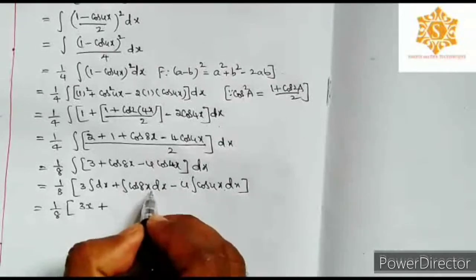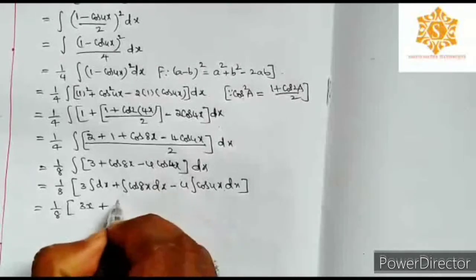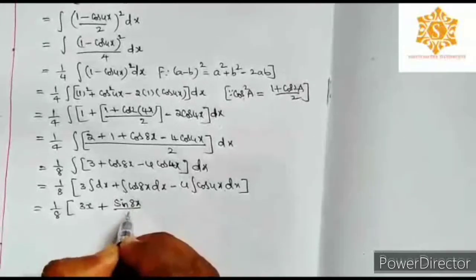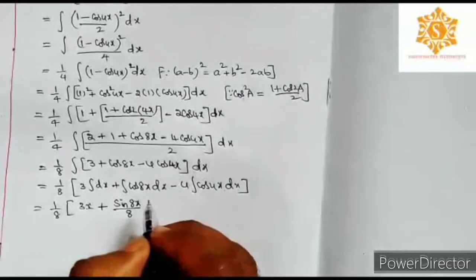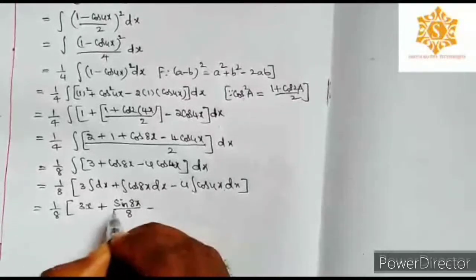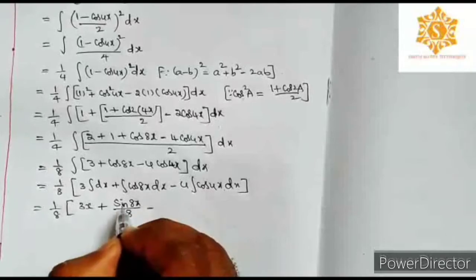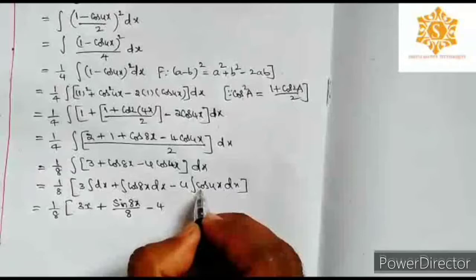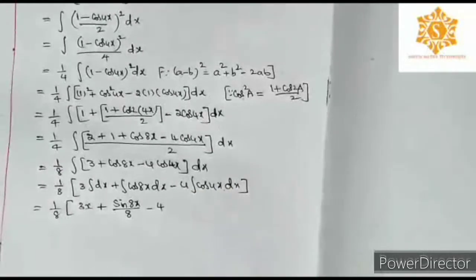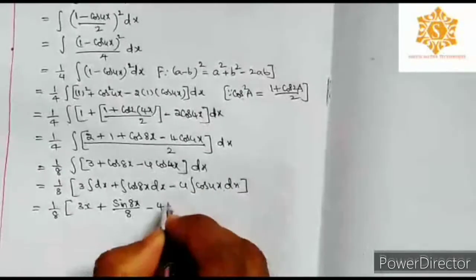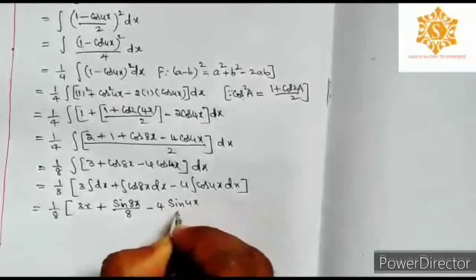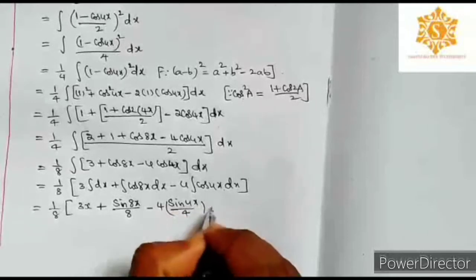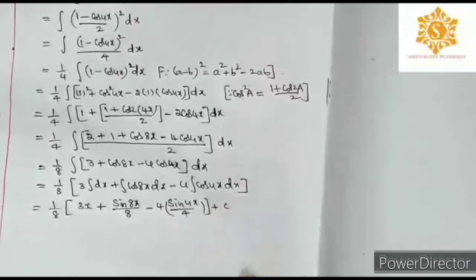So integration of cos 8x dx value is sin 8x by, here x coefficient is 8. You can write it in the denominator. So integration of cos 8x dx value is sin 8x by 8 minus 4 into integration of cos 4x dx value is sin 4x by, here x coefficient is 4, you can write it in denominator, plus c.